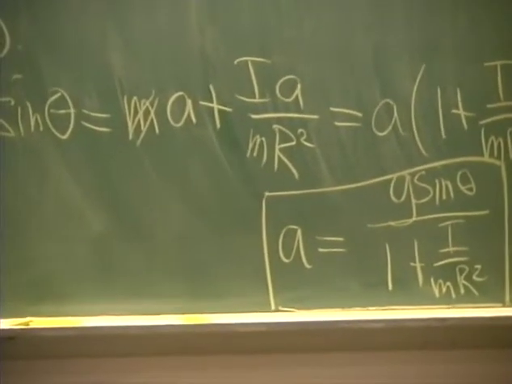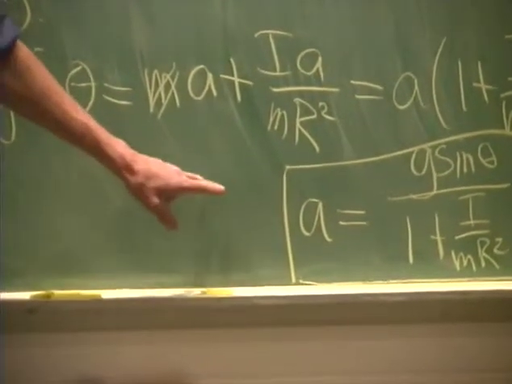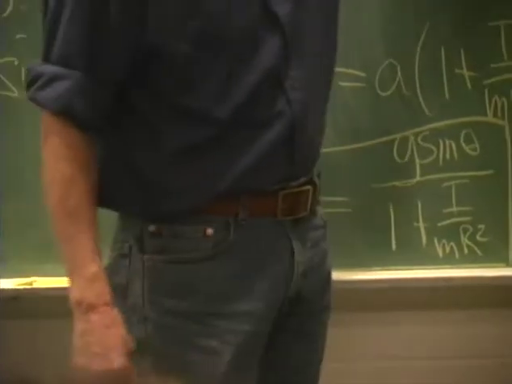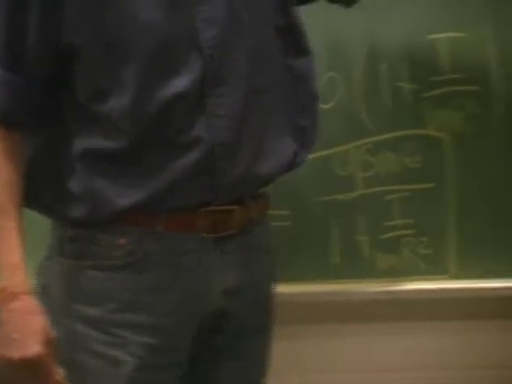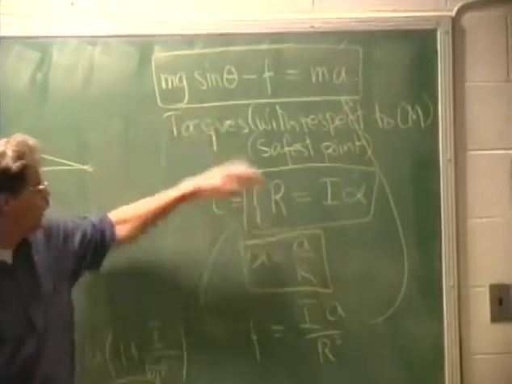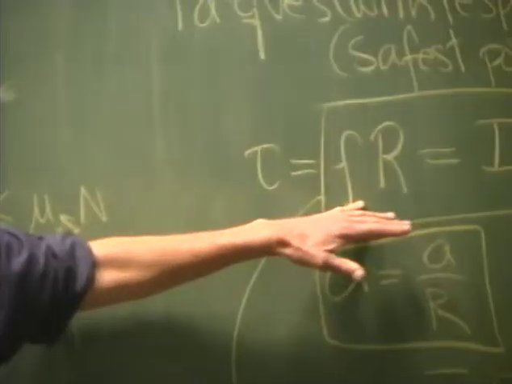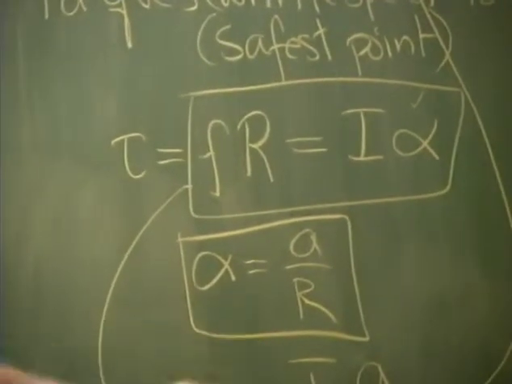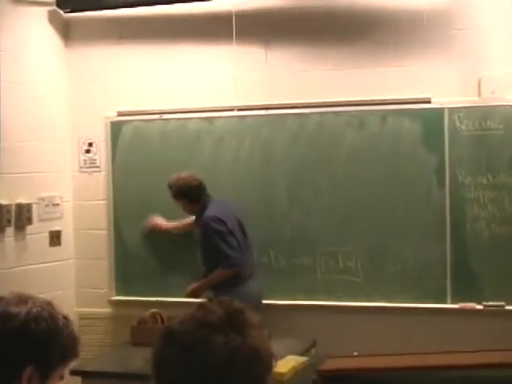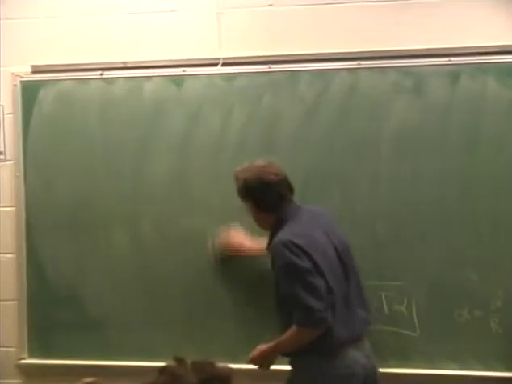Did you follow this? I did the algebra a little bit quick because the physics was all on the table in those three equations. F equals ma in the translational mode, tau equals I alpha, rotational, and then the connection between alpha and A. David, there could be a place where theta gets so steep that friction can no longer hold it, and you slip over to the regime of kinetic friction.